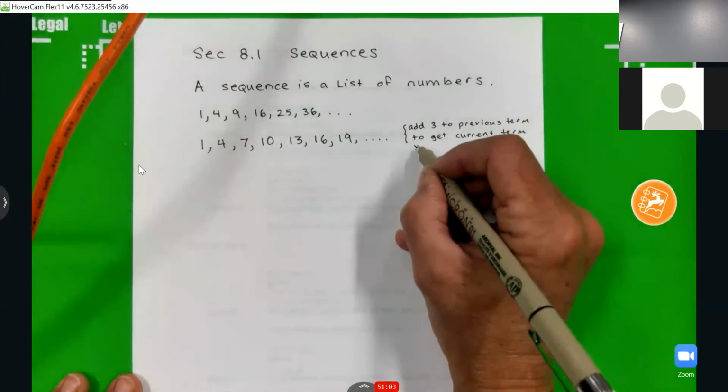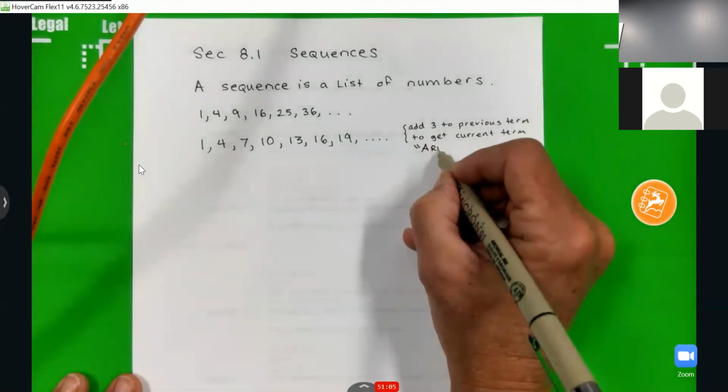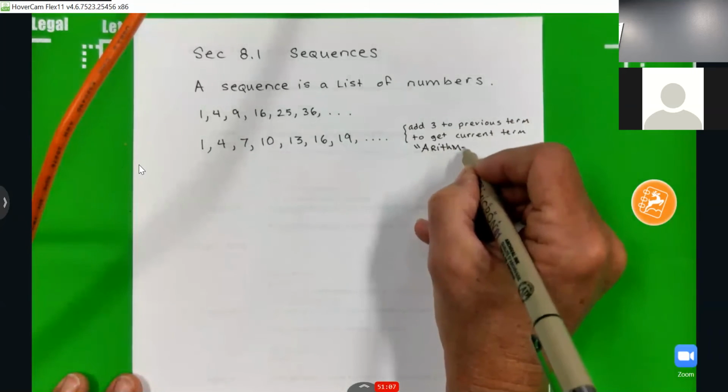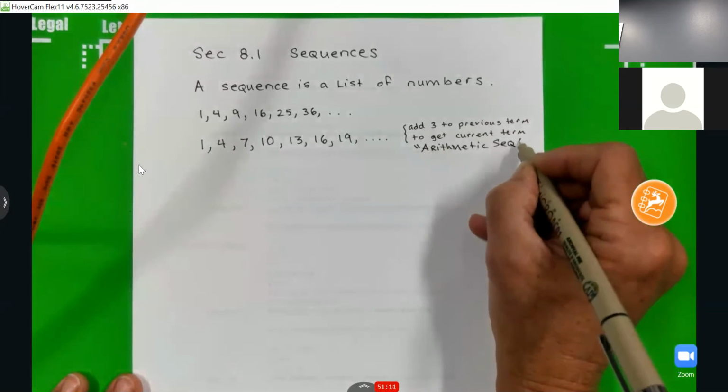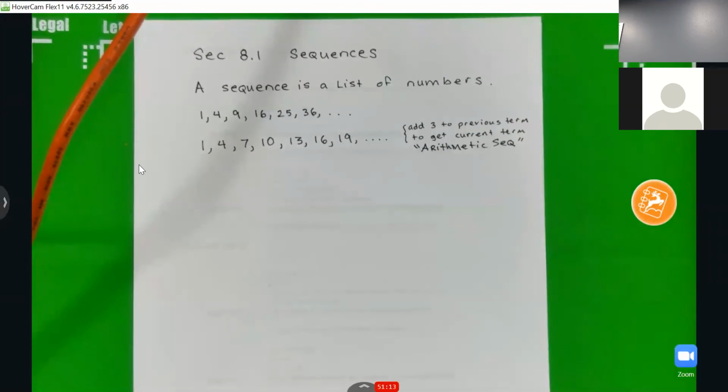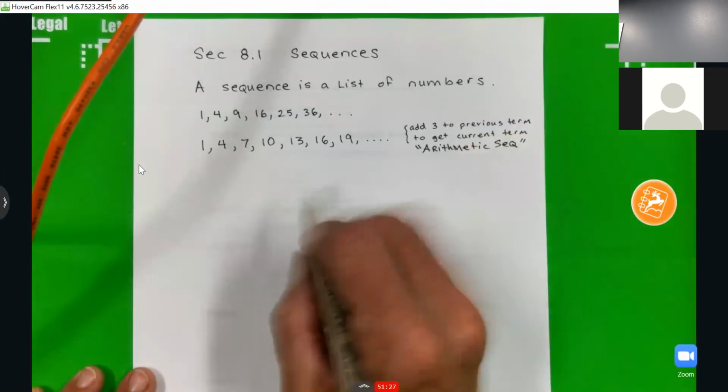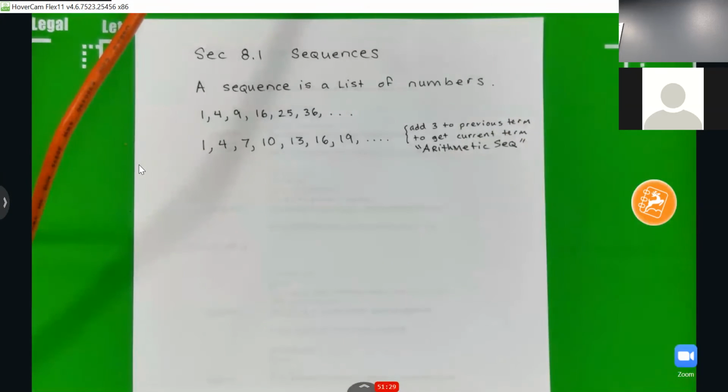That's an example of something called an arithmetic sequence. I'll come back to that. I won't do that now.